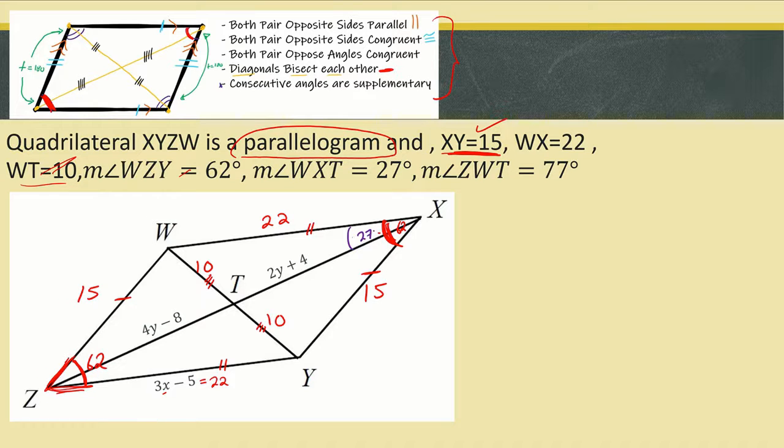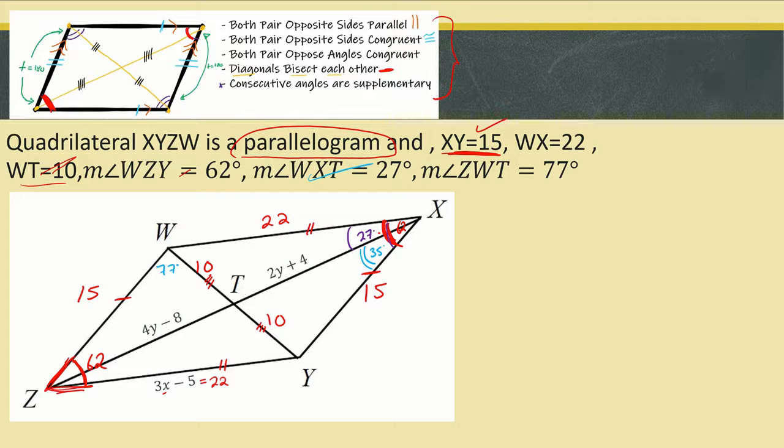And so because this entire angle is 62 and that little one is 27, the difference between them is what's going to be here, so we do 62 minus 27, which gives us 35 degrees there. Okay, check that off. And then they're telling us that angle ZWT, so this angle here, is 77 degrees.